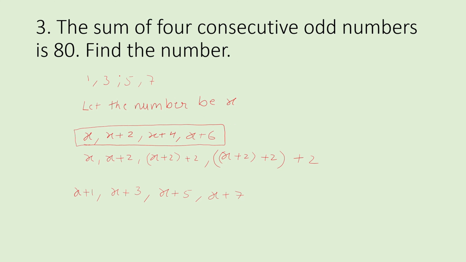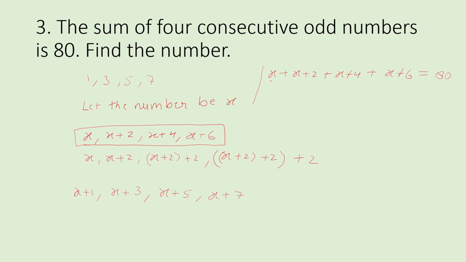Then, according to the question, the sum of four consecutive odd numbers is 80. Means x plus x plus 2 plus x plus 4 plus x plus 6 is equal to 80, right?